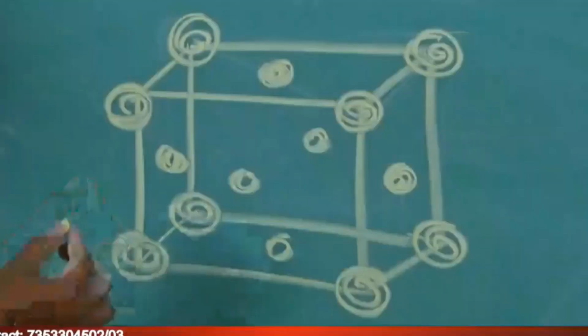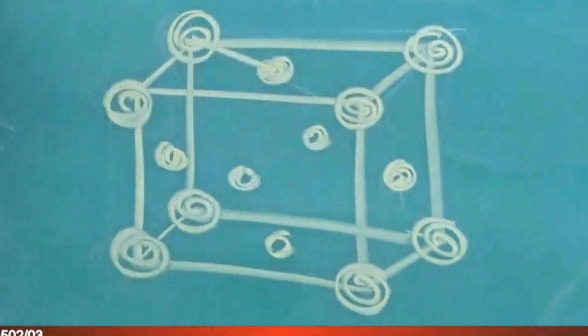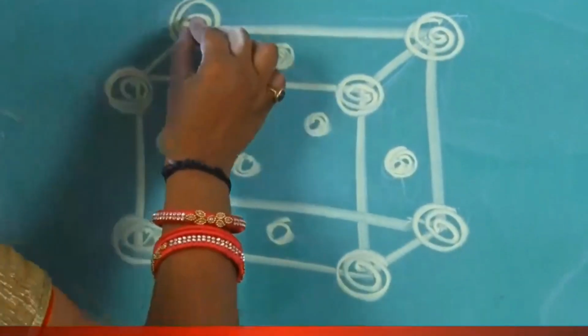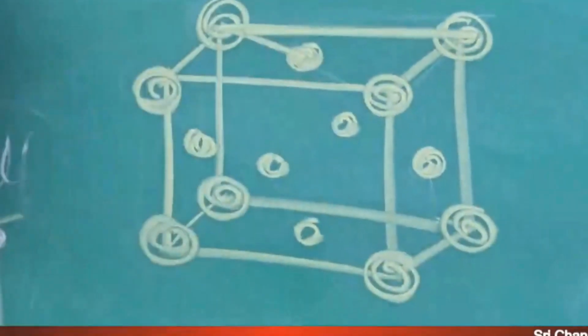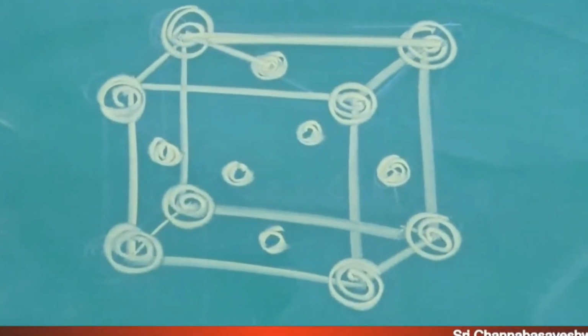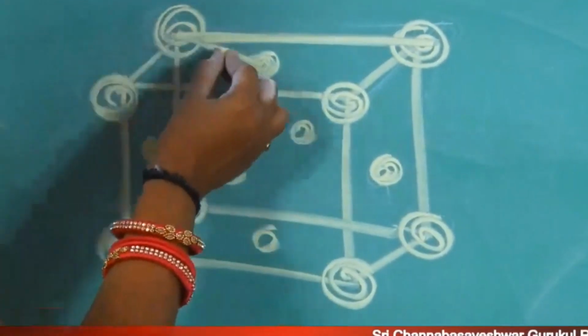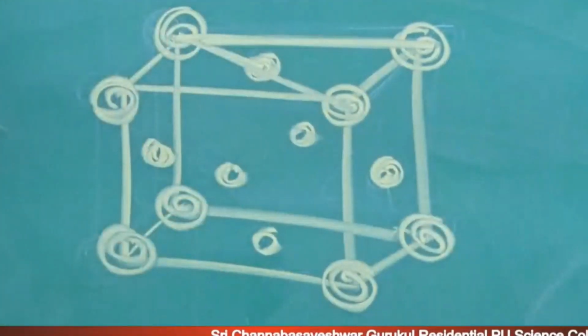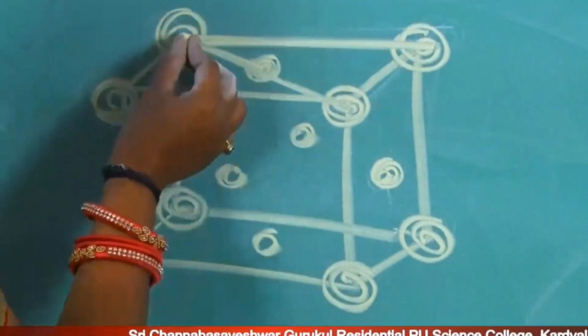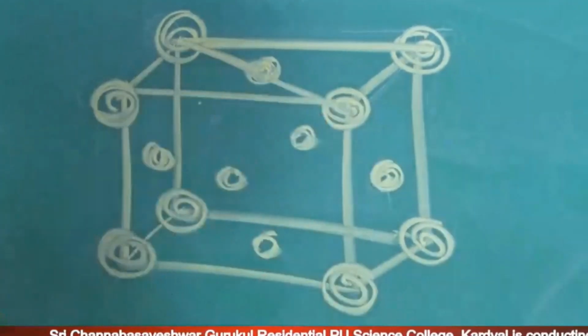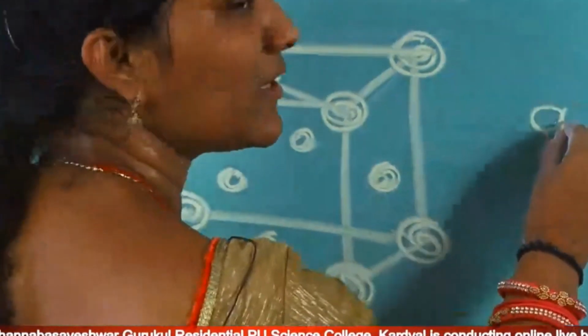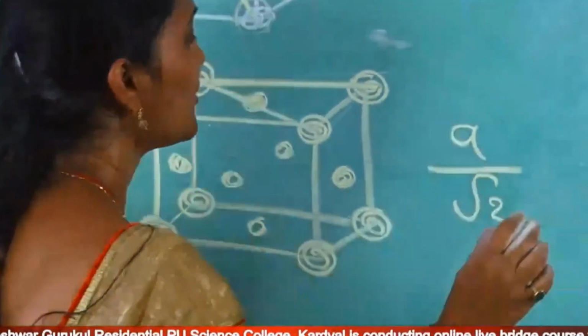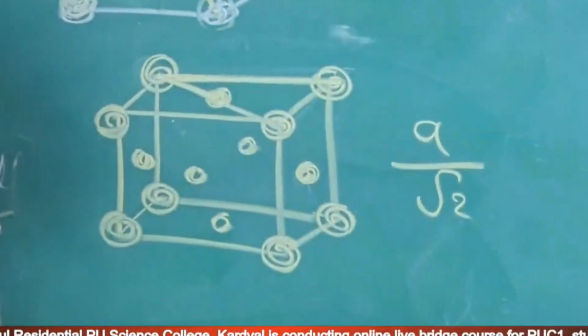Okay, these two are nearest neighbors. Then these two are next nearest neighbors. The next neighbor is that edge line. Then this is the next nearest neighbor. Now, what is the distance between nearest neighbors? What are we getting as the answer? A by root 2.